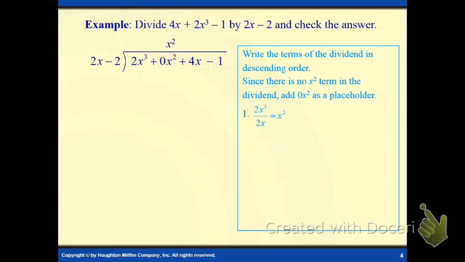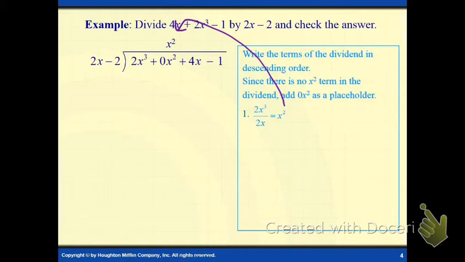So the 2x cubed divided by the 2x. Then we put the x squared above that x squared term. That's why we have those placeholders.